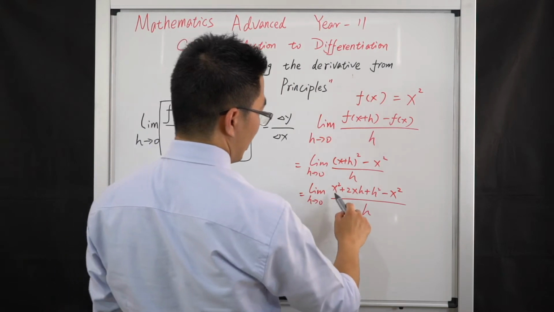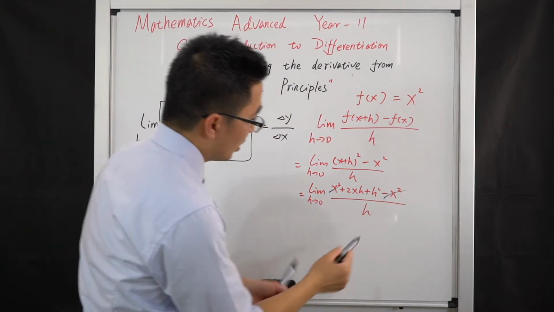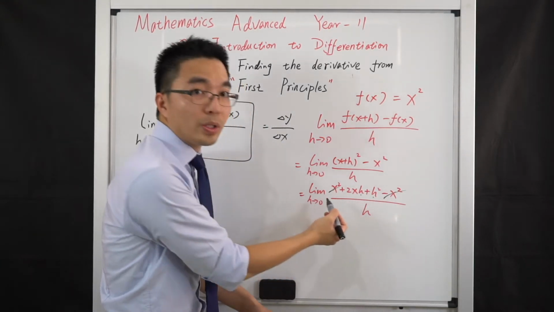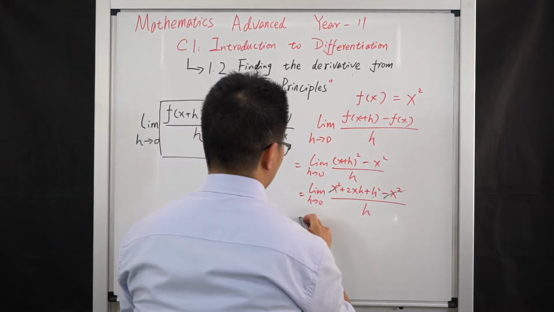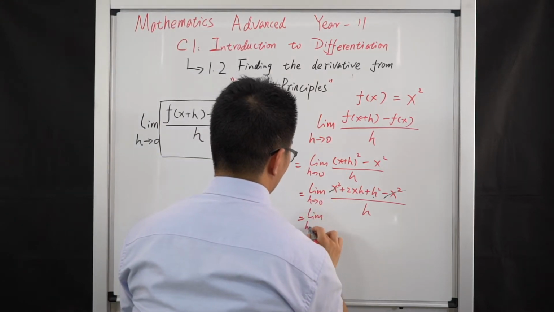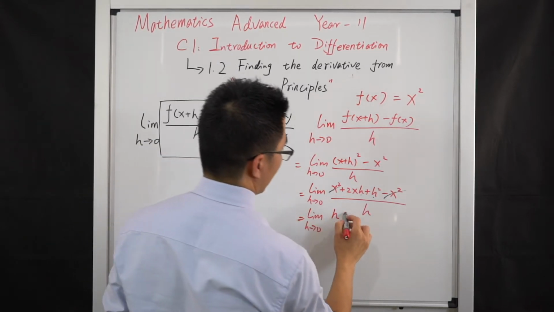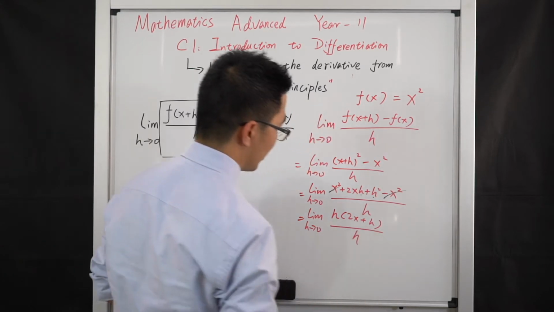Then we can eliminate this x squared and this x squared. Here we have 2xh, here we have h squared. Then we can factorize h outside to become the limit as h goes to 0, factor out h, and then we still have 2x plus h, divided by h.